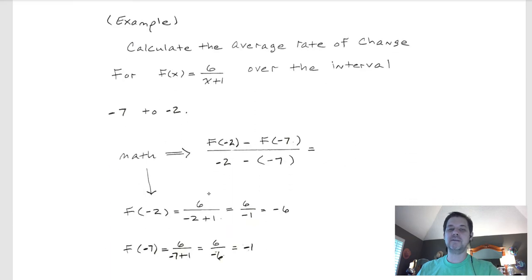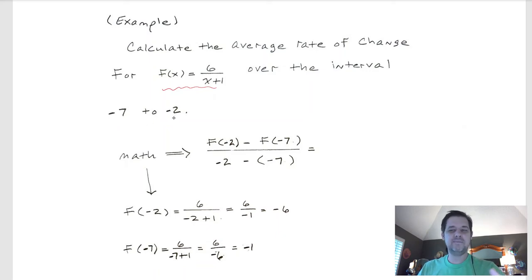So let's take a question with similar wording, where I do the math a little bit differently. Calculate the average rate of change for the function over the interval -7 to -2.